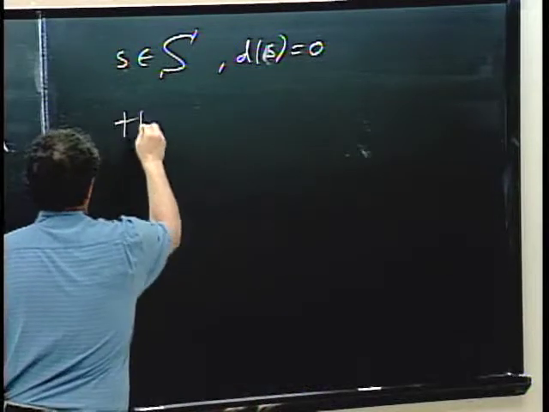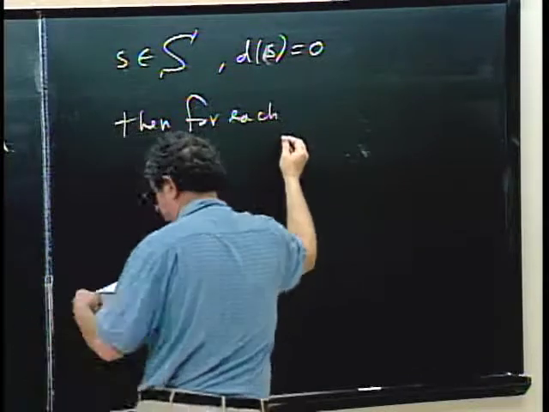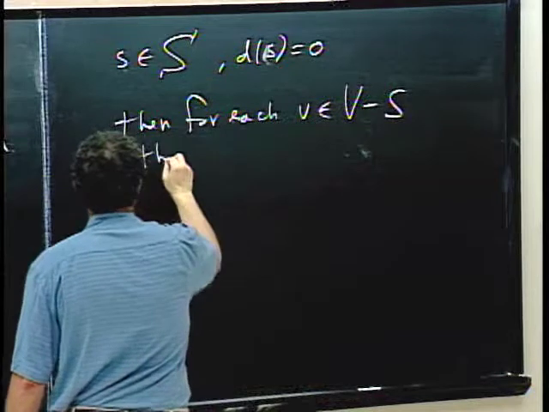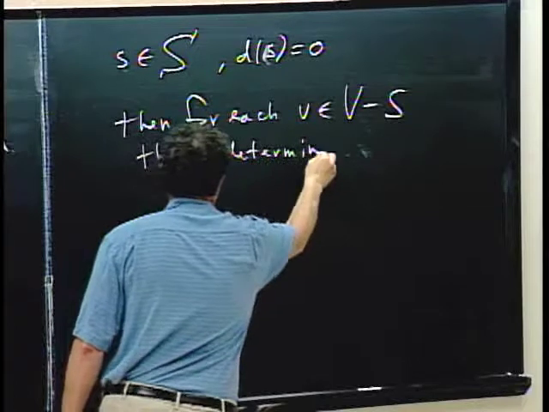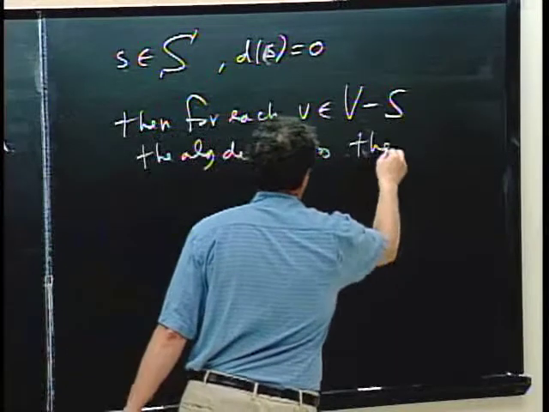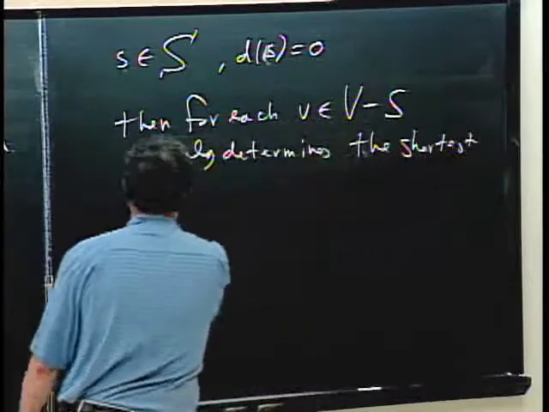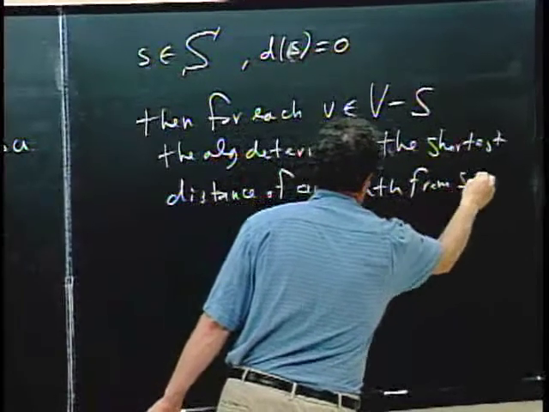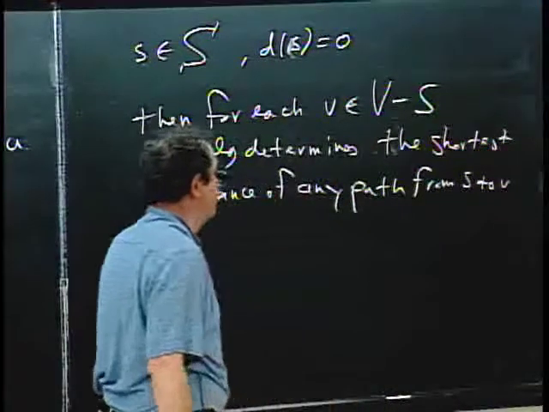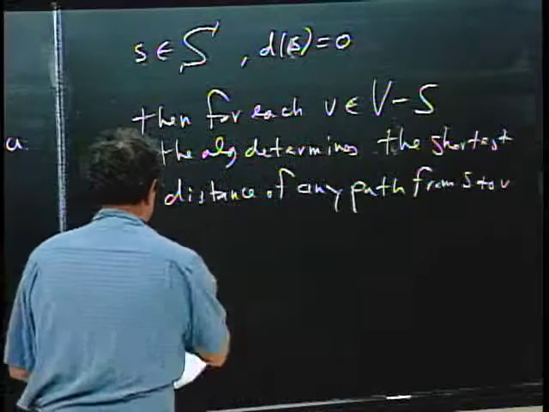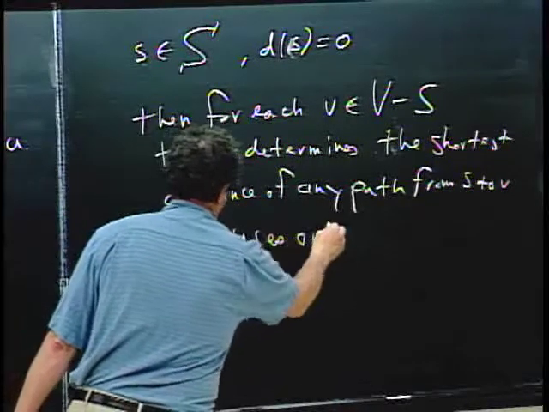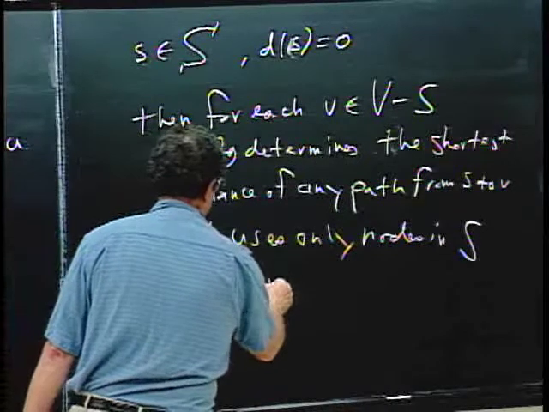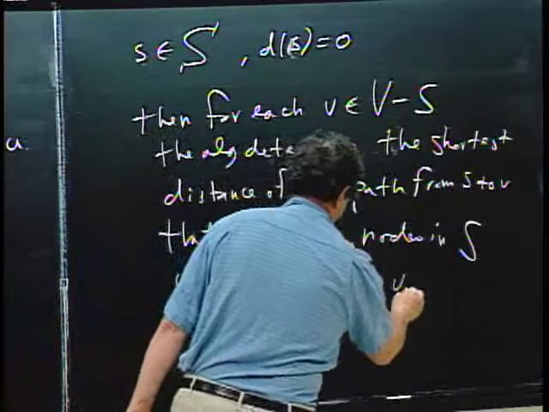Okay? And then, for each node v that's in capital V minus S, the algorithm determines the shortest distance of any path from little s to v which has the following property: it uses only nodes in capital S until it reaches v, little v.